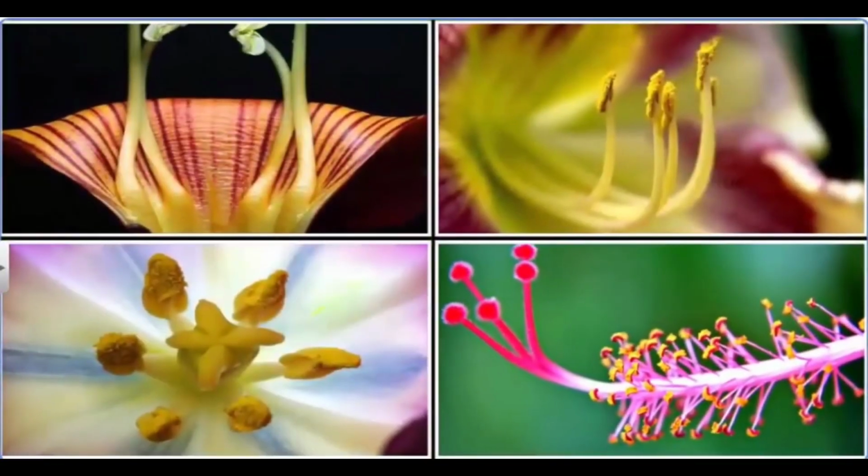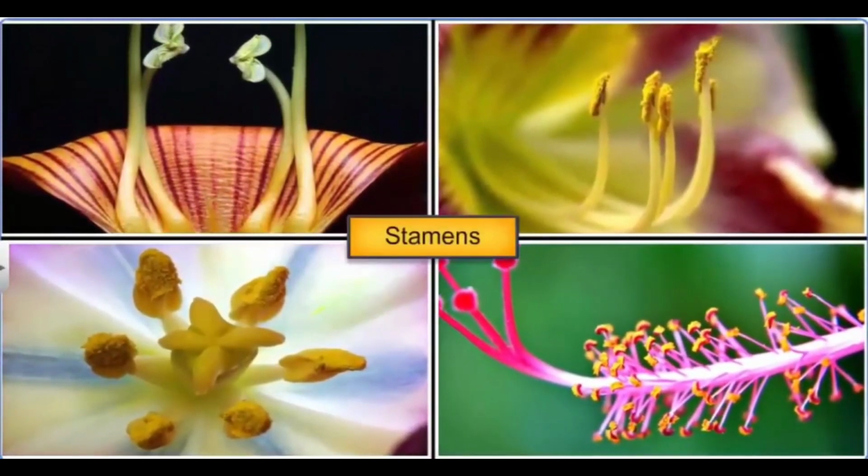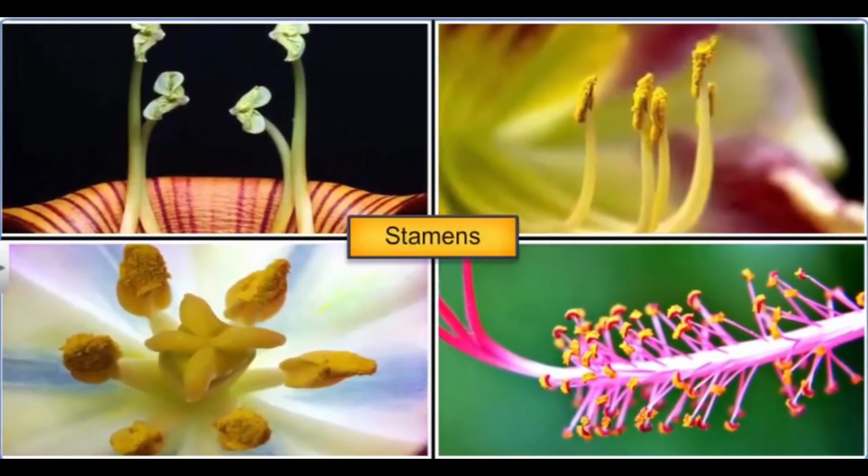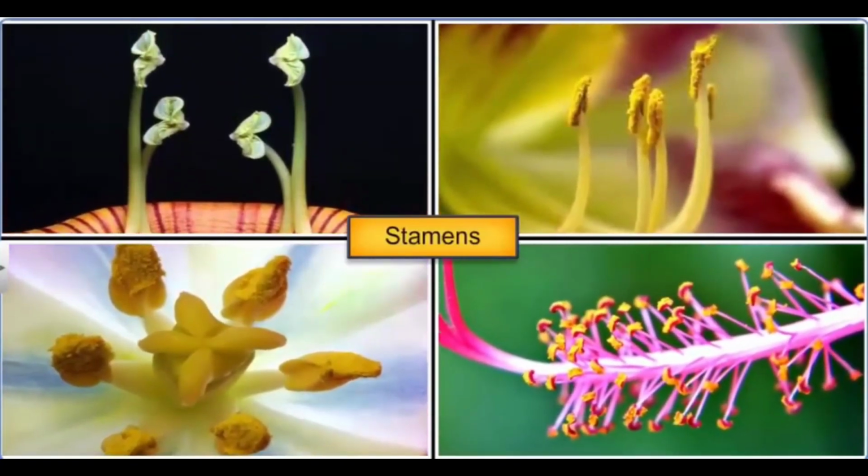Though the number and size of stamens in an androecium differ across species of flowers, the basic structure remains the same.